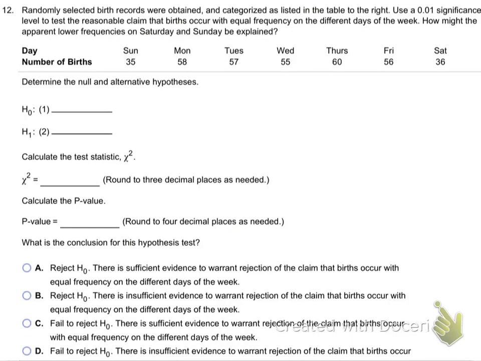So here we are with number 12. We're talking about randomly selected birth records. So it's 35 babies born on Sunday, 58 on Monday, 57 Tuesday, Wednesday, Thursday, Friday, Saturday. Okay, what do they want me to test? Use a 0.05 significance level to test the claim that the births occur with, what does it say?